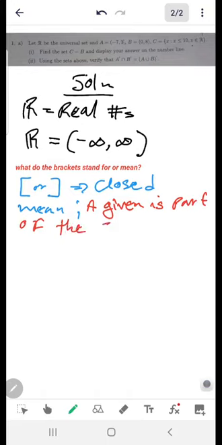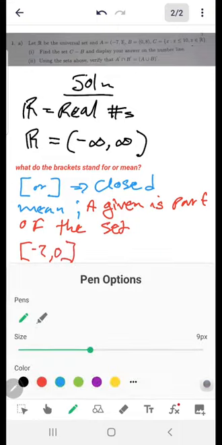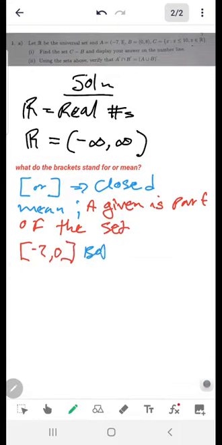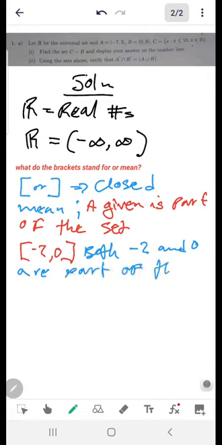For example, if I wrote -2, 0 with close brackets, that simply means that both -2 and 0 are part of the answer. My handwriting is bad because I want to be fast.